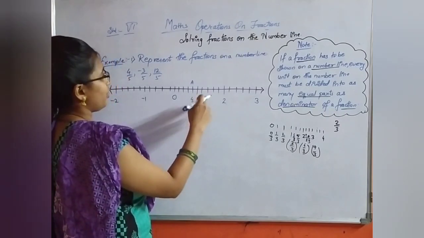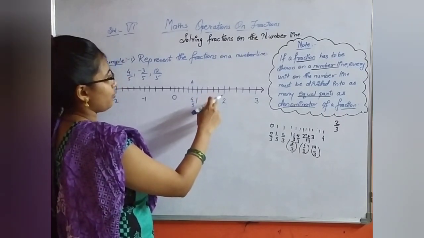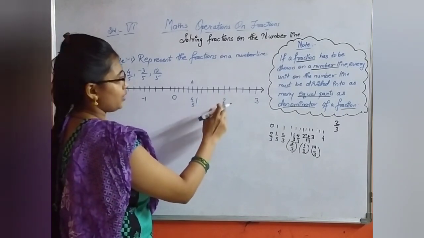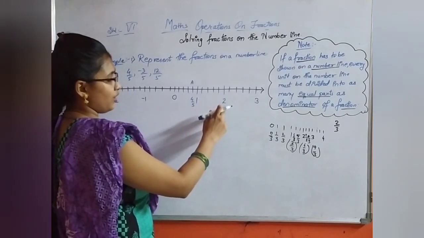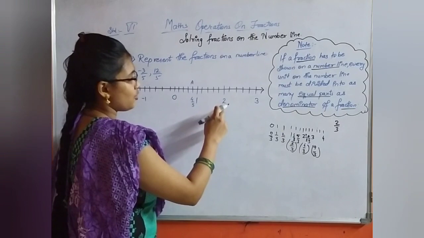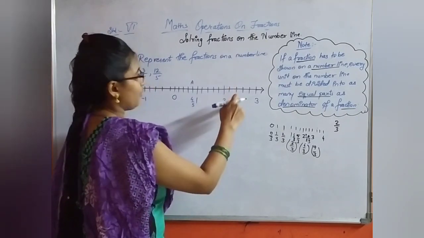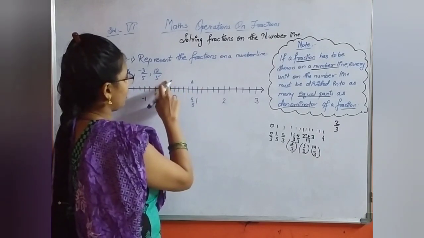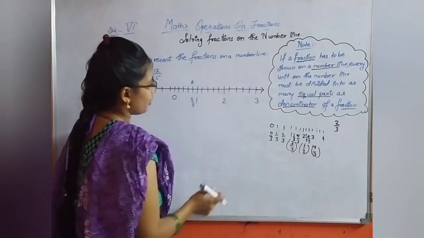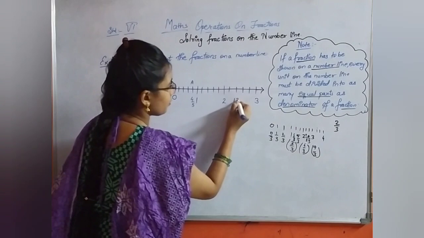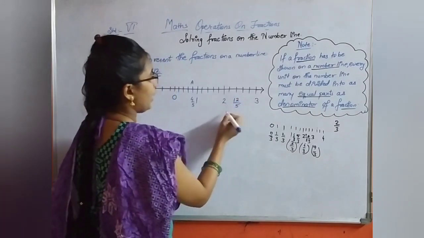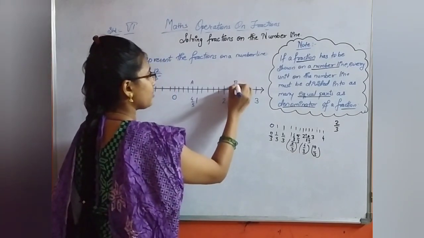Then 6 upon 5, 7 upon 5, 8 upon 5, 9 upon 5, 10 upon 5. 10 upon 5 means 10 divided by 5, I get the answer 2. After 10 upon 5, 11 upon 5, 12 upon 5. So 12 upon 5 will come after 2. I will plot 12 upon 5 as B.